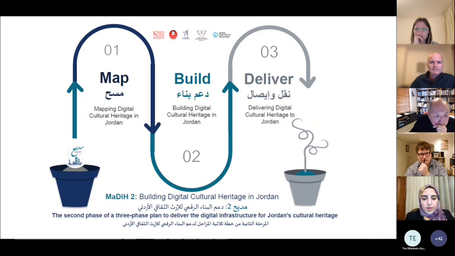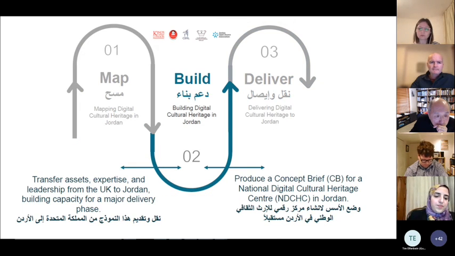We aim to deliver the digital infrastructure for Jordan's cultural heritage. At later stages, we start building digital cultural heritage in Jordan through transferring the data that was planned in the UK, or designing the database, to Jordan.